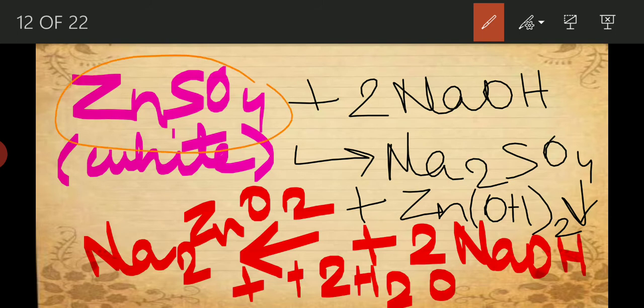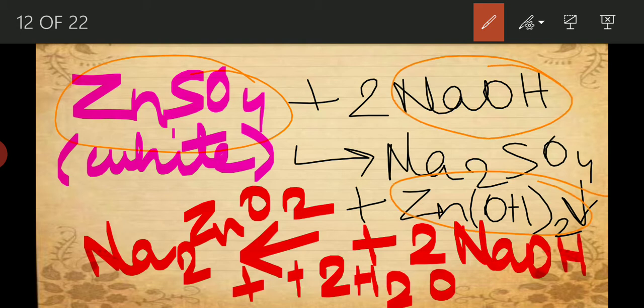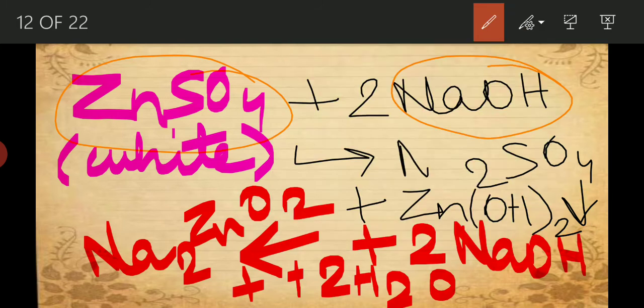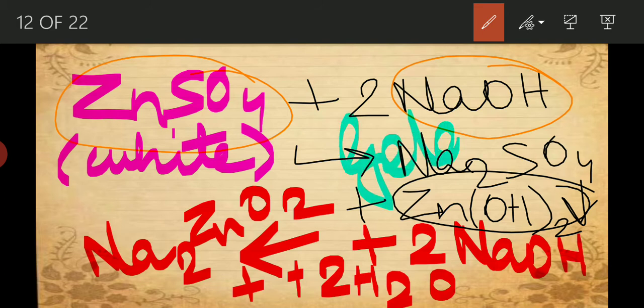Zinc sulfate is white in color. When you react this with NaOH, you will get zinc hydroxide. Now this zinc hydroxide is gelatinous white in color. I'm writing this. It is gelatinous white in color, and this is a PPT.